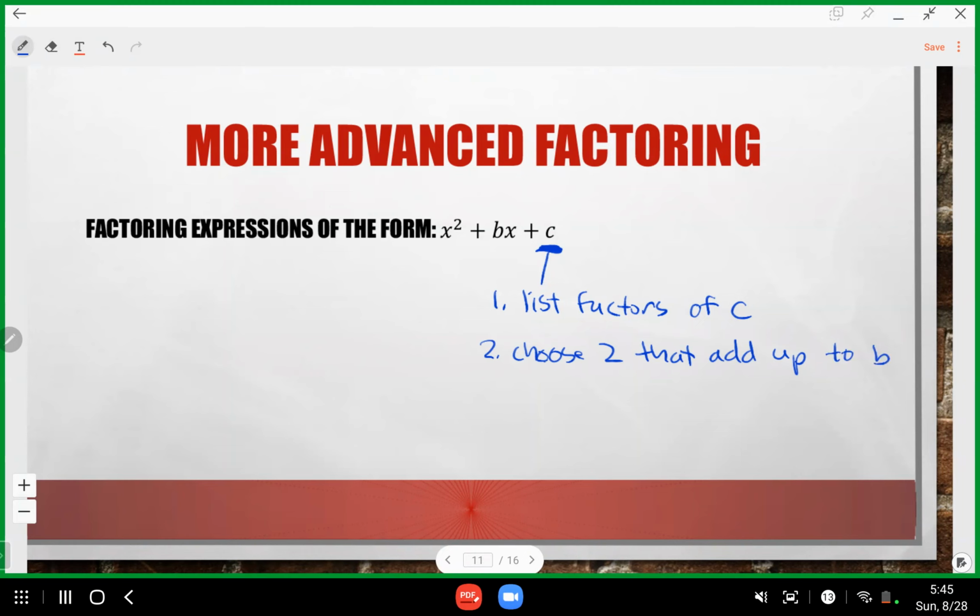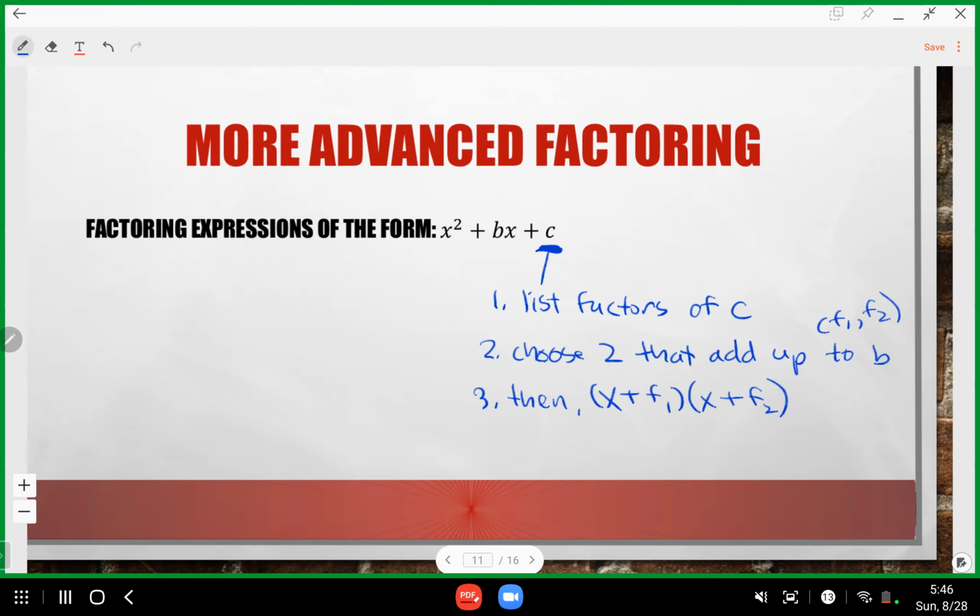Choose two factors of c that add up to b. There should only be two. Then the factored form should be x plus factor 1 and then x plus factor 2. We can denote these two factors as factor 1, factor 2.